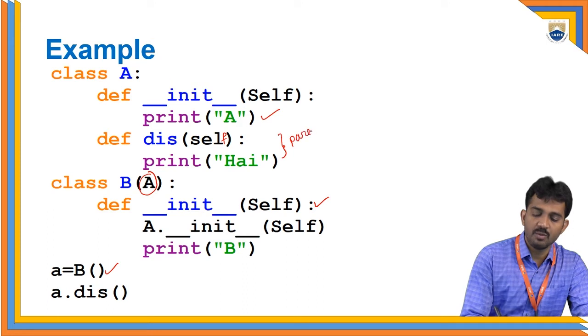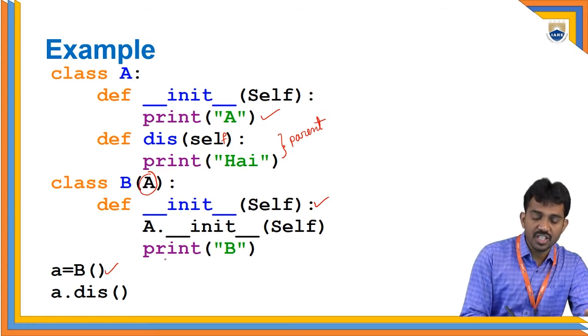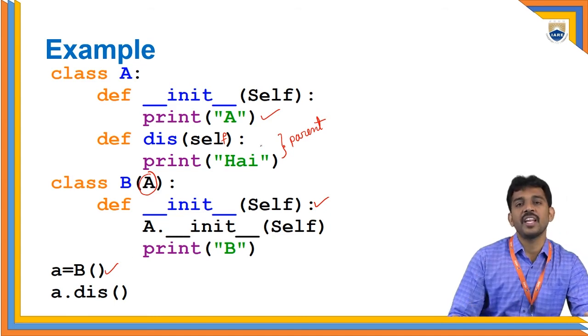The function is available in the parent class. That is the reason it doesn't generate any error. Display is the function, right? The display function is not available in the child class, but it is available in the parent class. That is the reason.